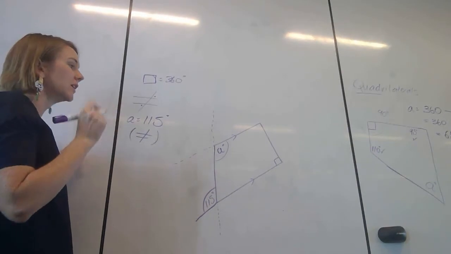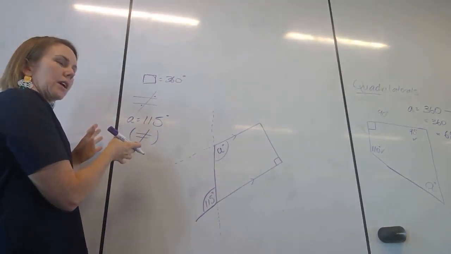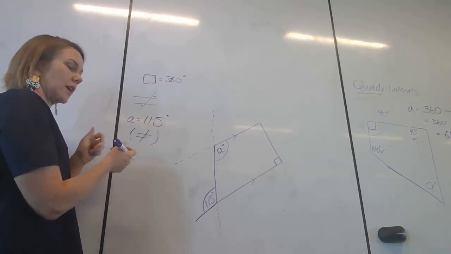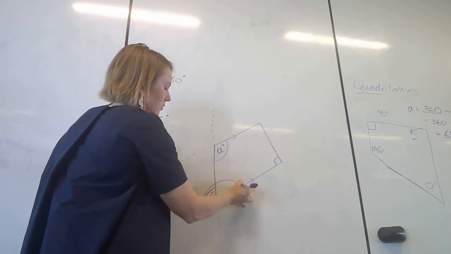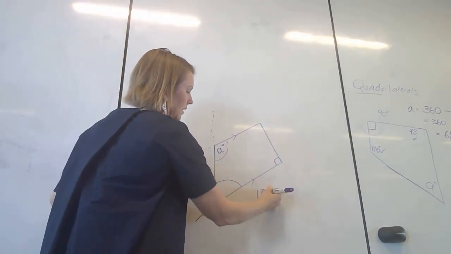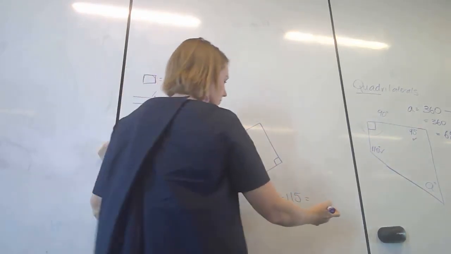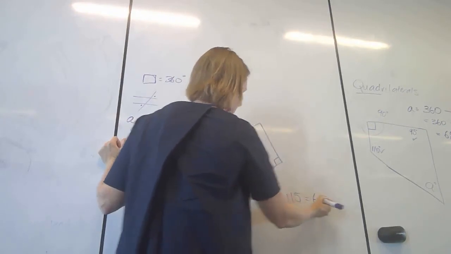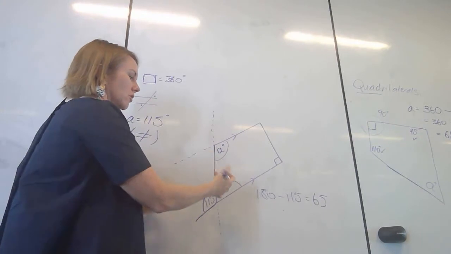However, Xander's also pointed out, if I didn't recognise that the first time I looked at it, I could do it this way. This angle altogether is 180. So I would do 180 minus 115 is 65. And I would always encourage you to put your found angles onto your diagram.